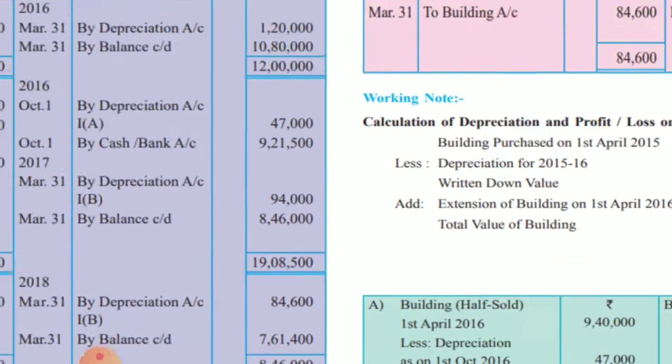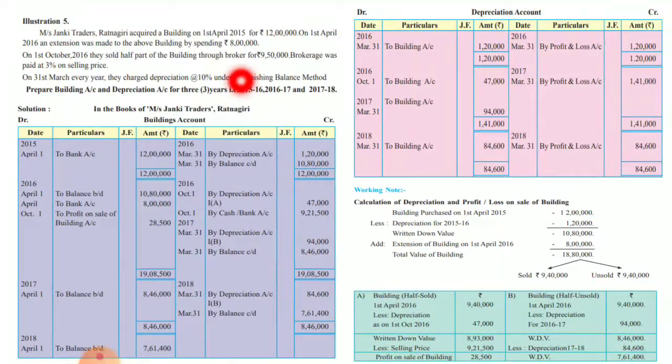Less selling price. It was sold for 9,50,000. But on this 9,50,000 we have to calculate the brokerage value, because the person selling does so with a brokerage amount.